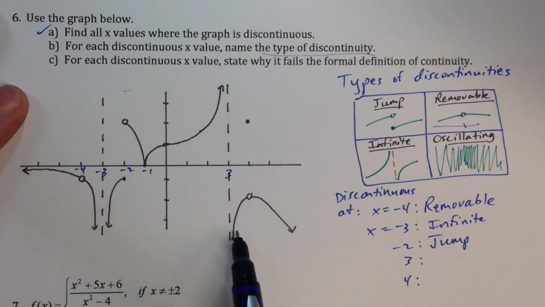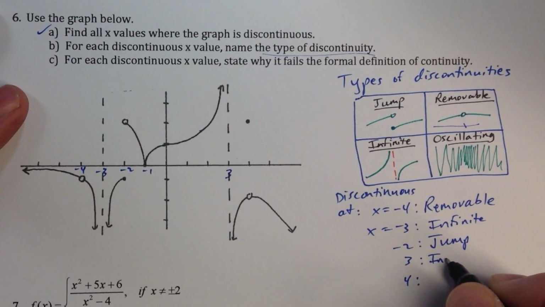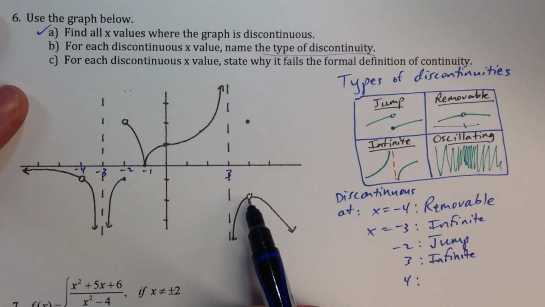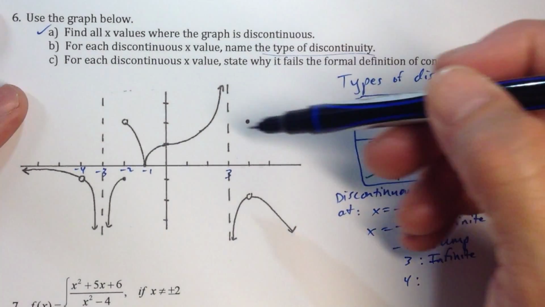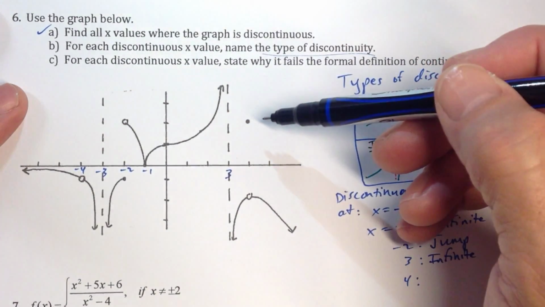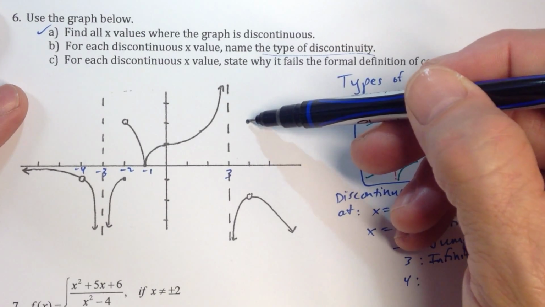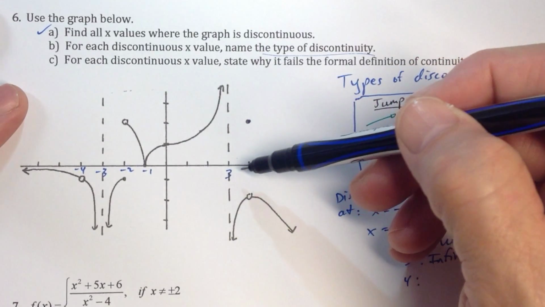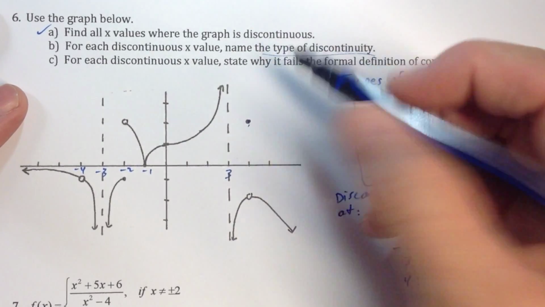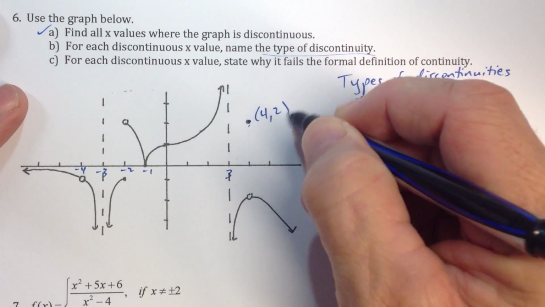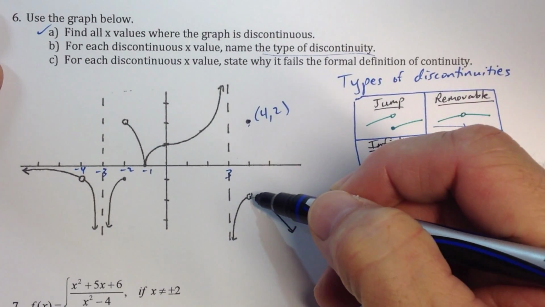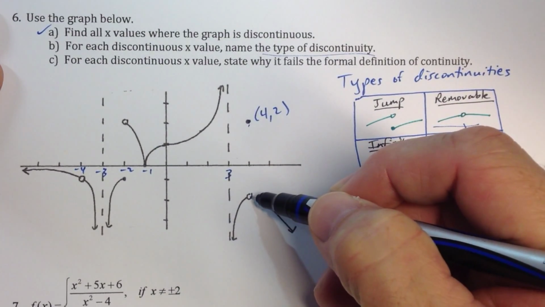And then again we see we have another vertical asymptote, so we would call that an infinite discontinuity at 3. And then over here, even though this is kind of confusing in the beginning, we have a dot up here. That's the algebra part. f of 4 is 2, so we have a point up here at the coordinates (4, 2), but again, that's the algebra part, and the calculus says the limit does exist.